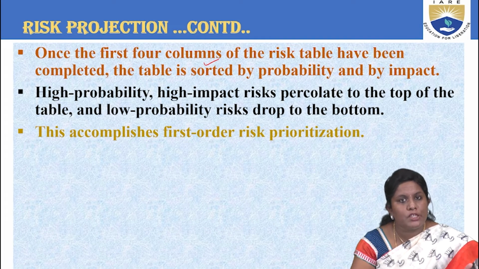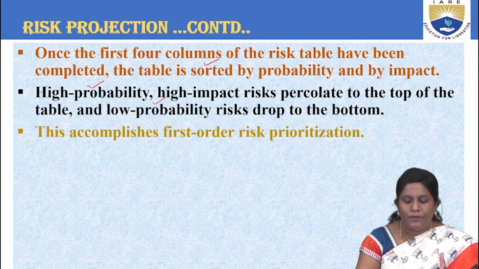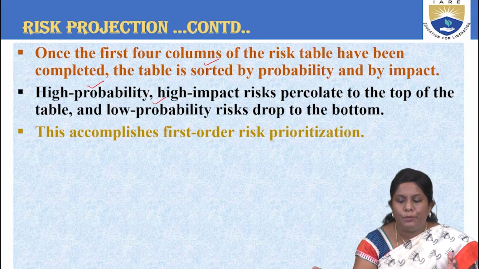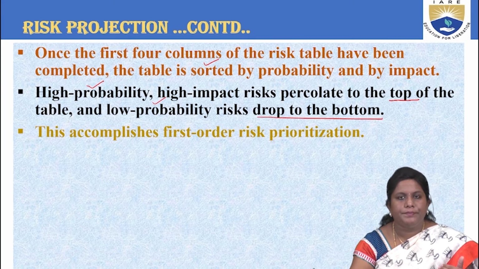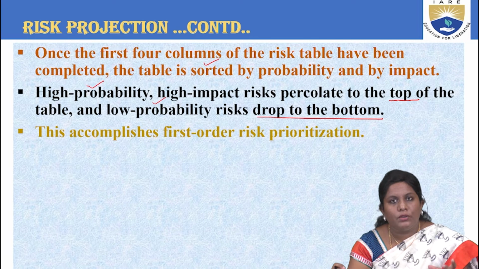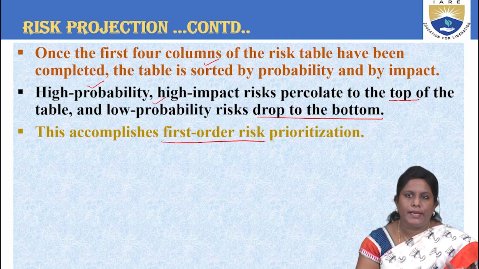Sorting leads you to the higher probability and lower probability risks. The higher probability risks move up to the top of the table, and the lower priorities drop down to the bottom. This process is called first order risk prioritization.